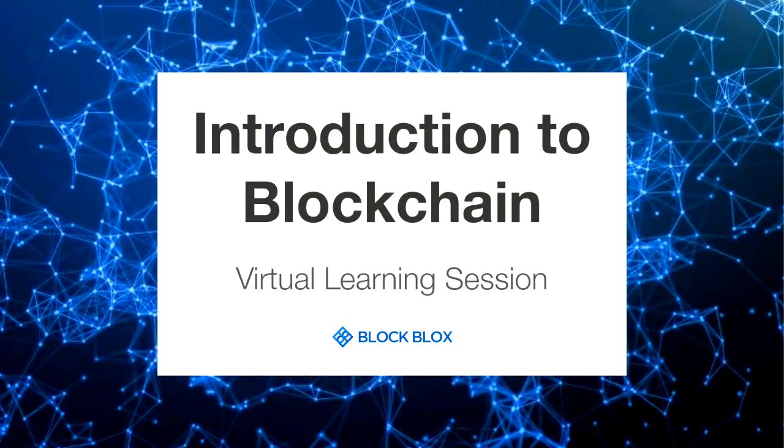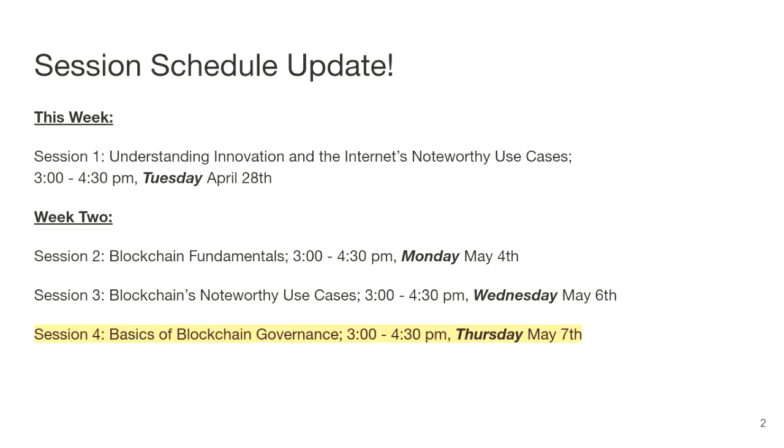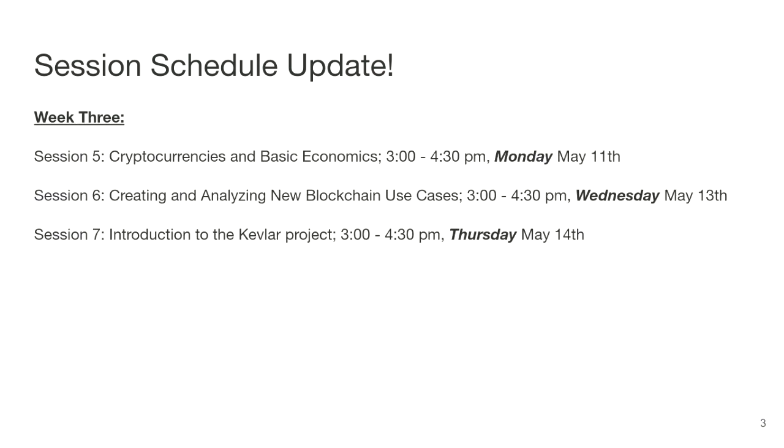Okay, looks like we're sharing. So again, a quick recap of our schedule. Here we are on Thursday, session 4. Next week, we'll finish up. On Monday, we're going to talk about cryptocurrencies and some basic economic principles, both outside of blockchain and that apply to blockchain networks.